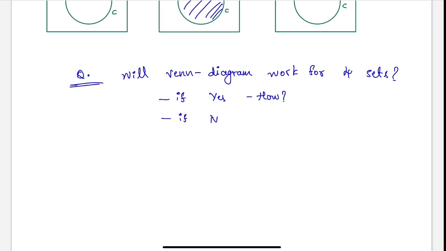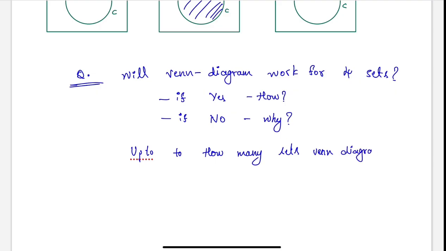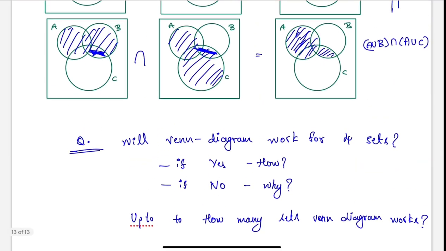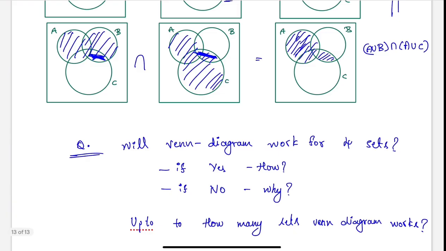If no, why? Up to how many sets does a Venn diagram work? This is an interesting question to look into. Go through the concepts, and if you have any doubt, write in the comments. Thank you.